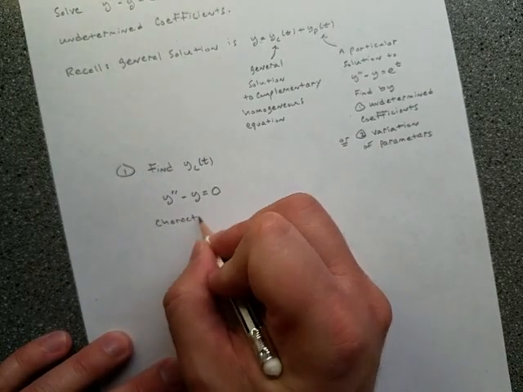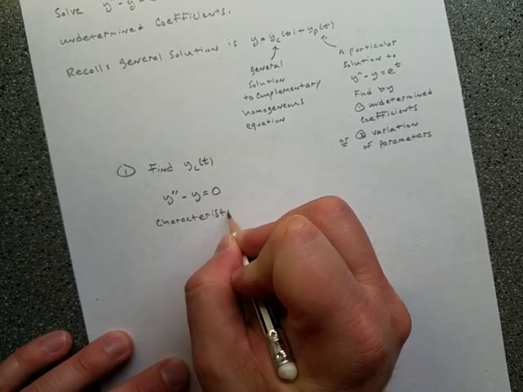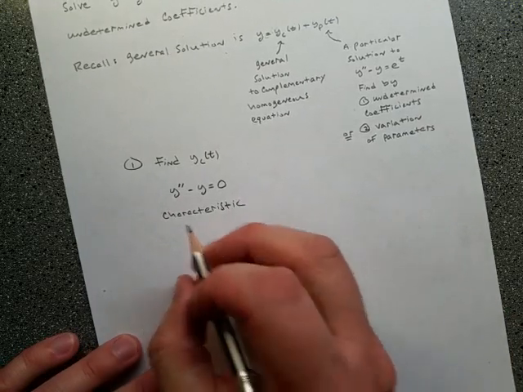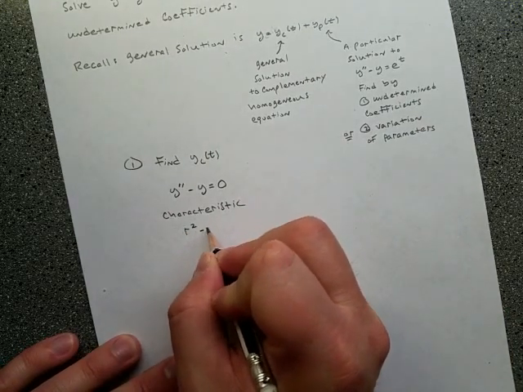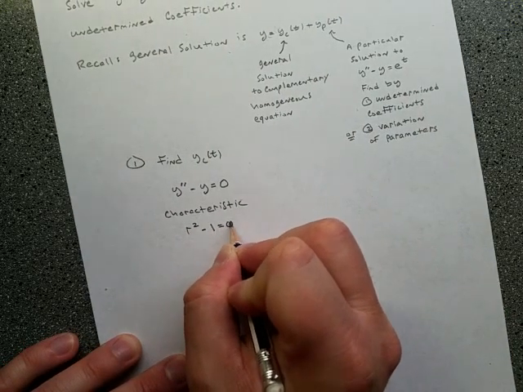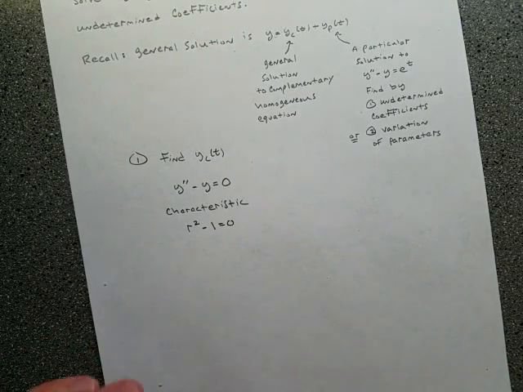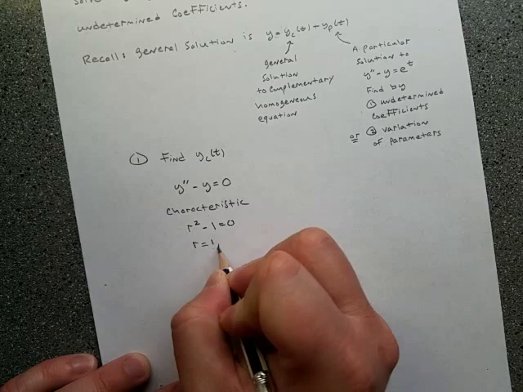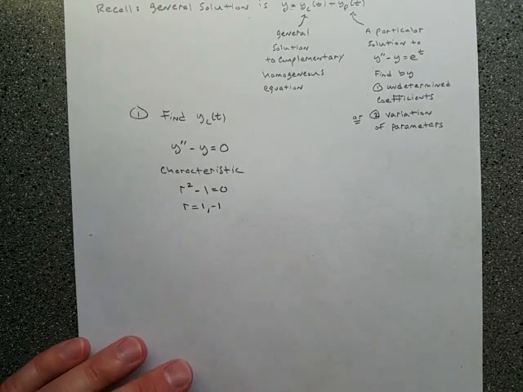And the way that we proceed is to solve the characteristic equation. And that's going to be r squared minus 1 is equal to 0. Okay, that's easy to solve. We'll get r to be 1 or negative 1.